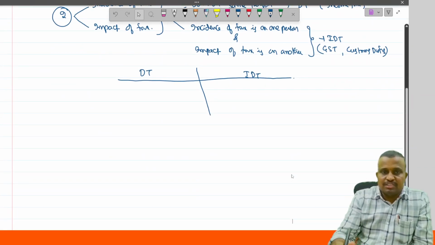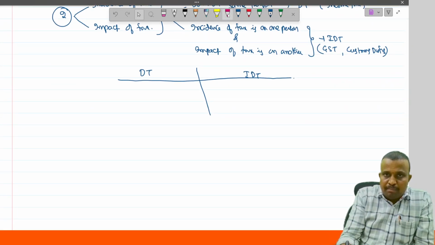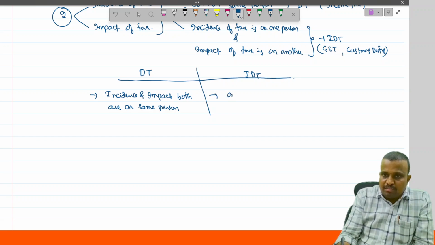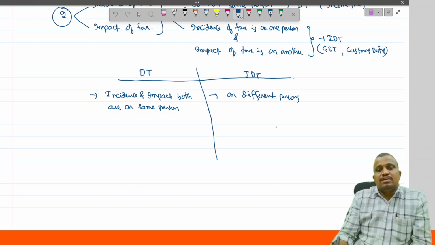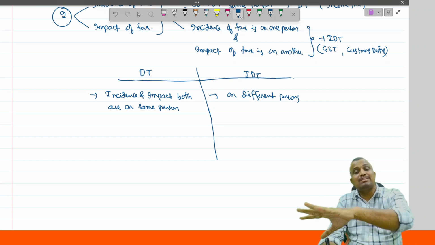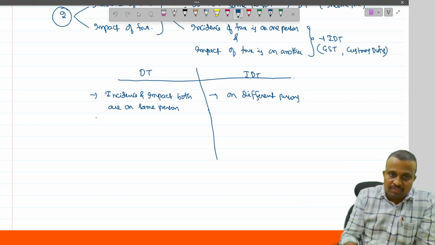As we discussed, incidence and impact are both on the same person in a direct tax. Here, in indirect tax, both are on different persons: incidence of the tax is on one person and impact of the tax is on another person.